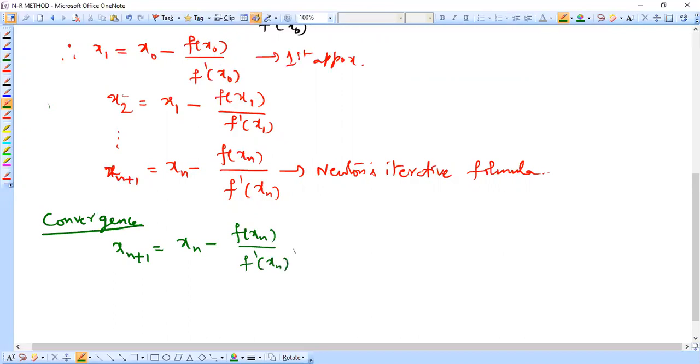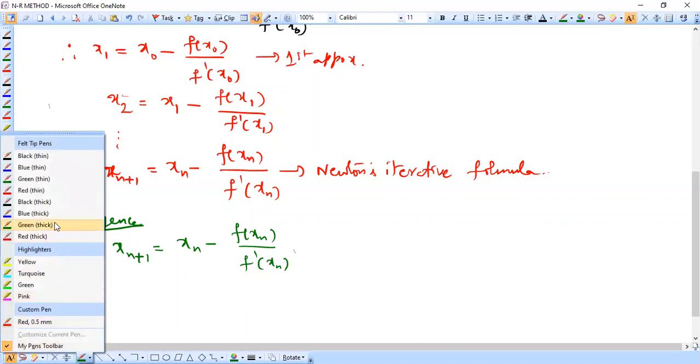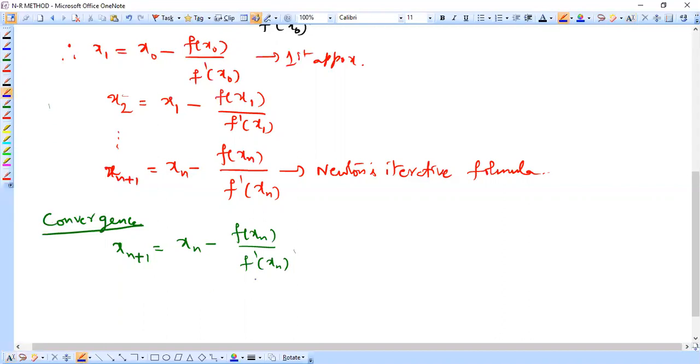When you look at all these different things on the RHS part, they are all something like x is equal to some phi of x. This is our phi of x.